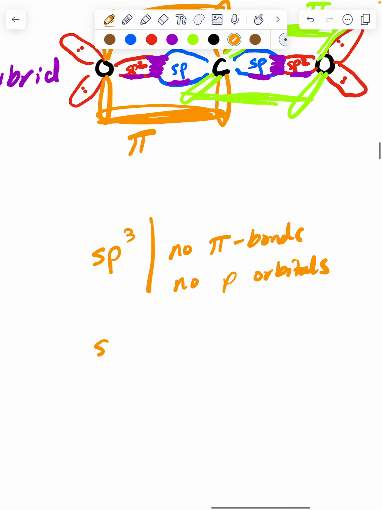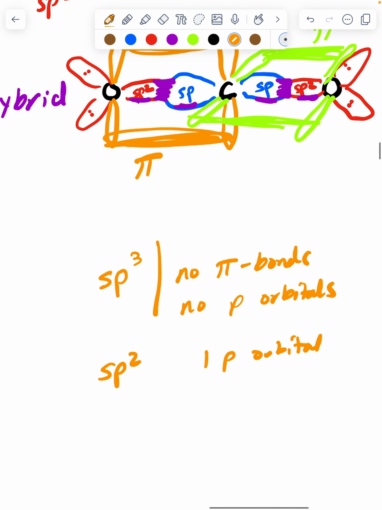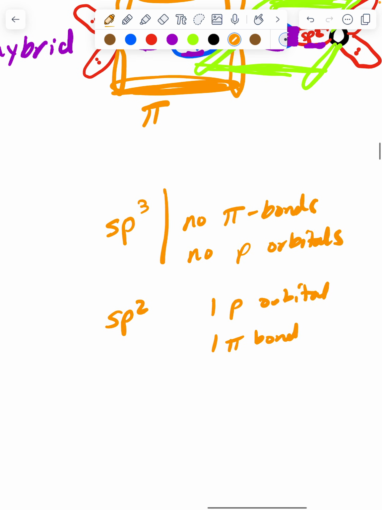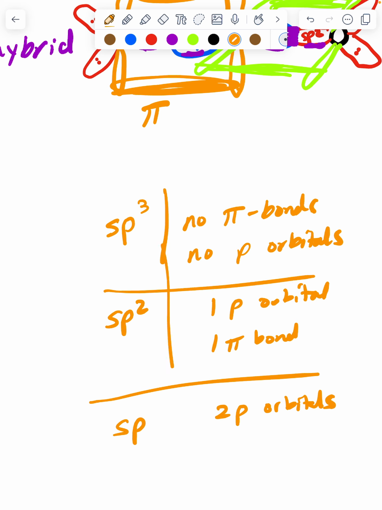When something is sp2 hybridized, there's 1 p orbital left. So like these oxygens, an sp2 atom will often end up with 1 pi bond because it has 1 p orbital. When atoms are sp, they have 2 p orbitals left that aren't in the hybrid orbitals, and so they will often be involved in 2 pi bonds.